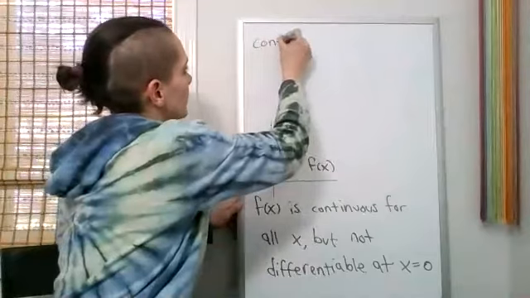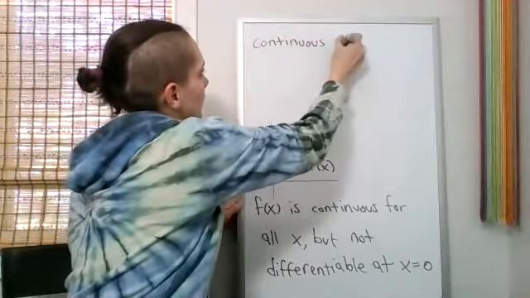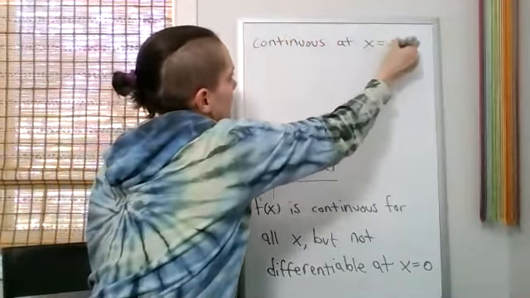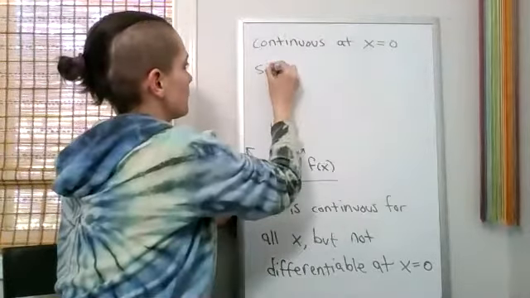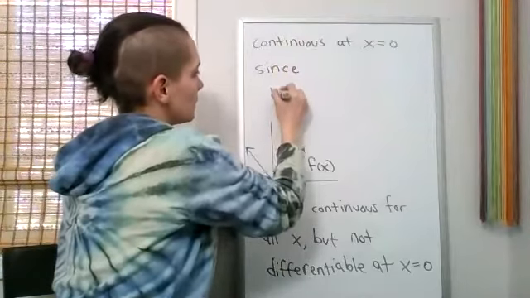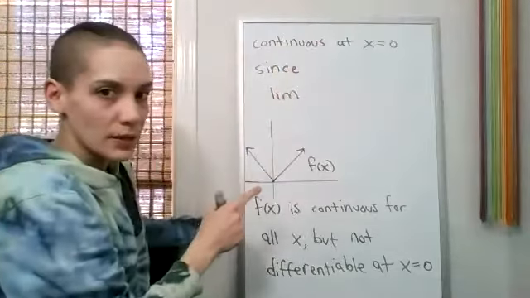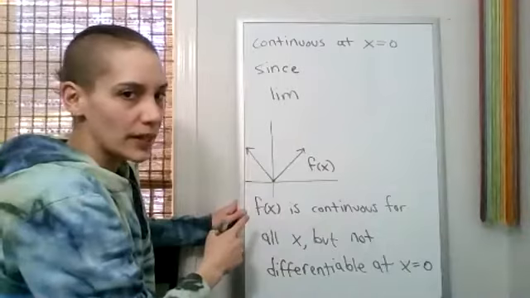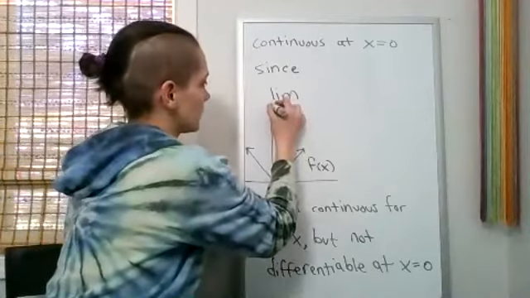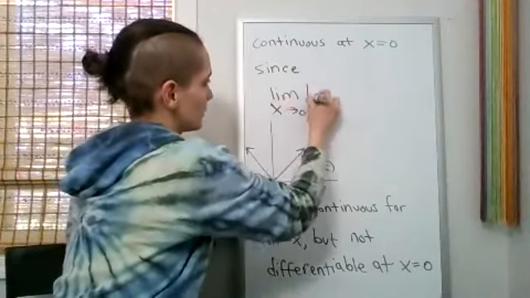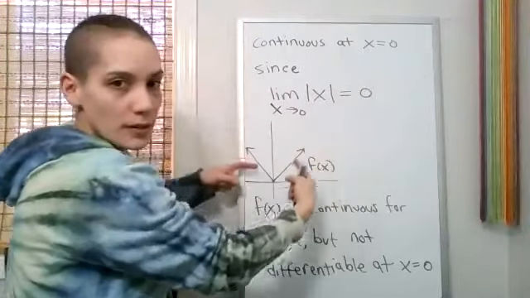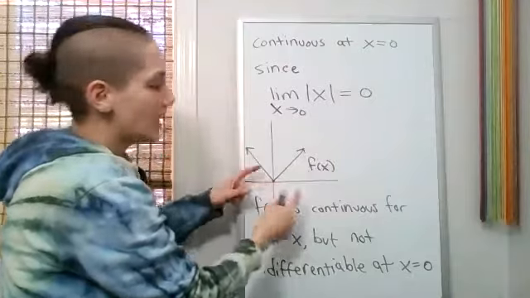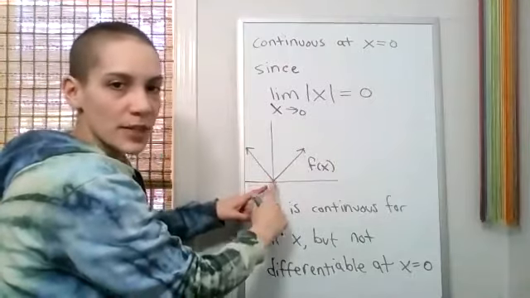Continuous at x equals 0, since the limit as x goes to 0 of the absolute value of x equals 0. Put 0 as your output, and that is also the output for the function, f of 0 equals 0.